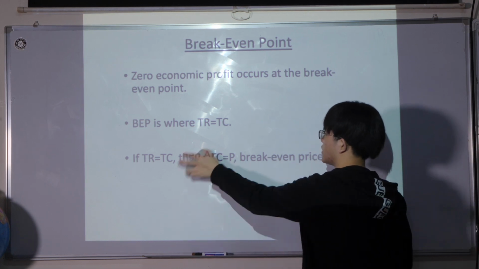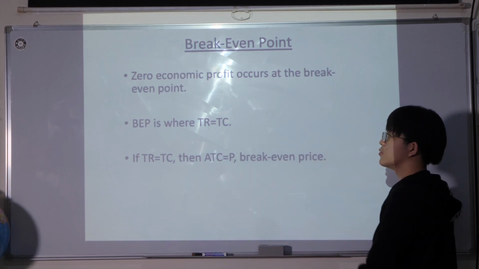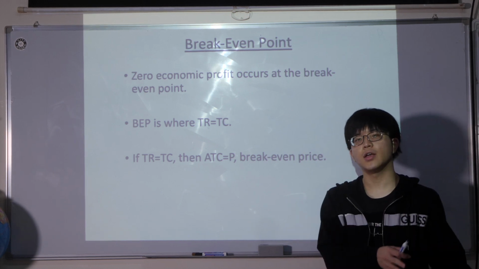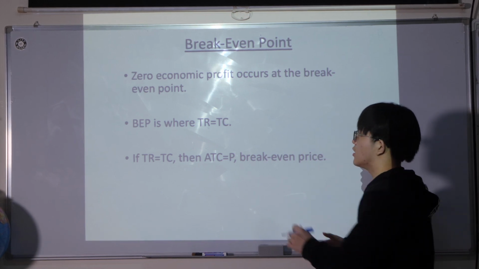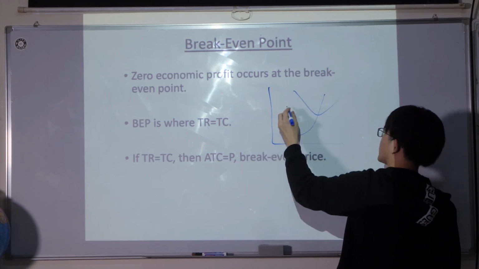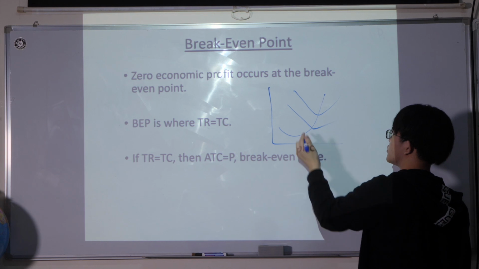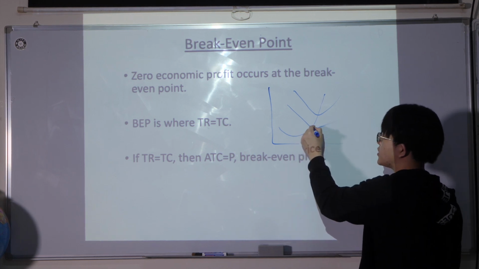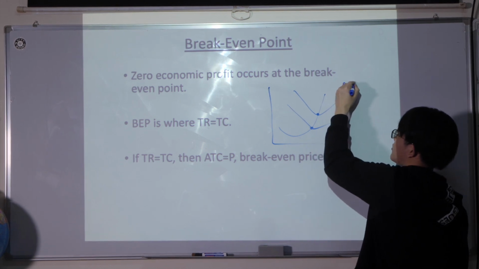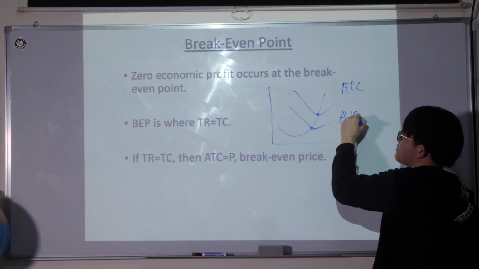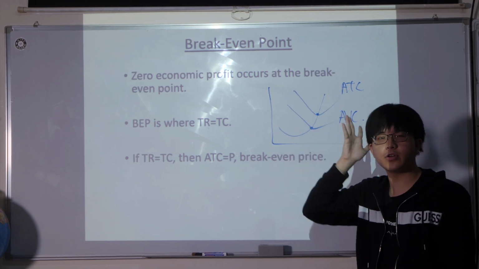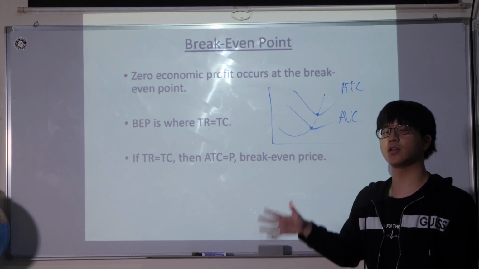So we will now study the break-even point, which is quite tricky. I think I mentioned in lecture 3 that you should understand from the curves of MC, ATC, and AVC what these points mean, right? Now it is time to learn what they mean. The break-even point is where you start to make an economic profit.